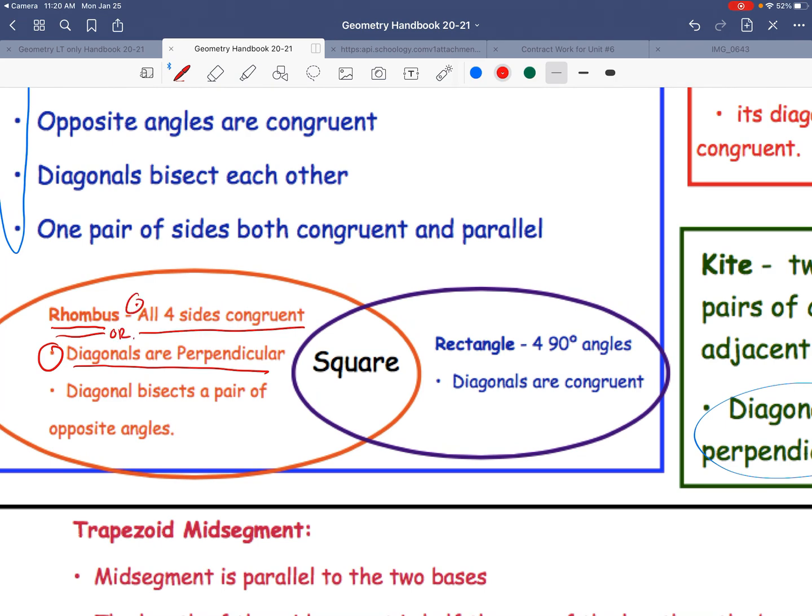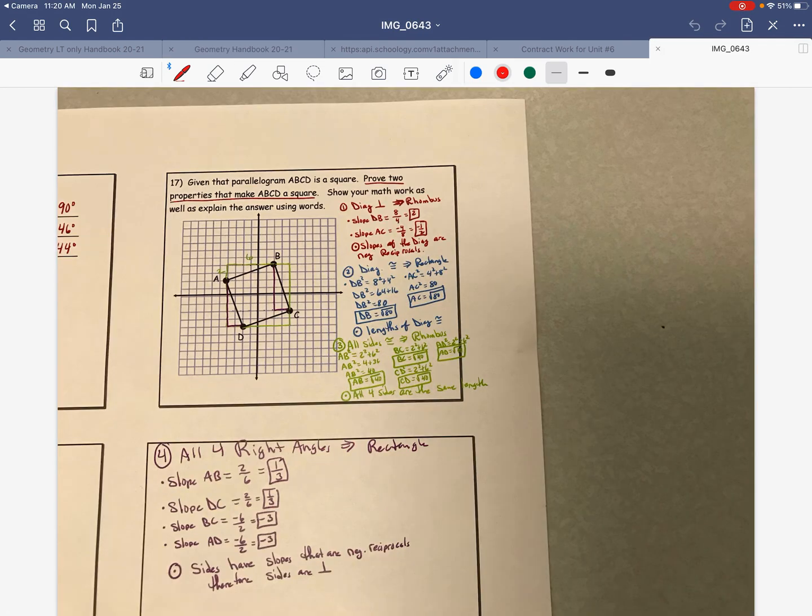Then you need to prove that it's also a rectangle by showing that you have four 90-degree angles or showing that you have diagonals congruent, because a square is both a rectangle and a rhombus. So you'll need to show both rectangle and rhombus.